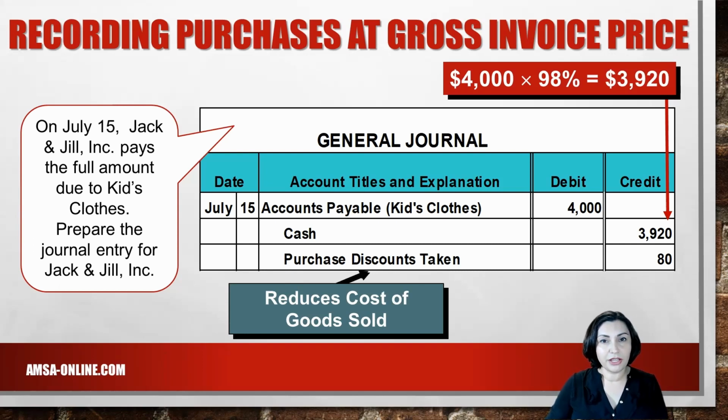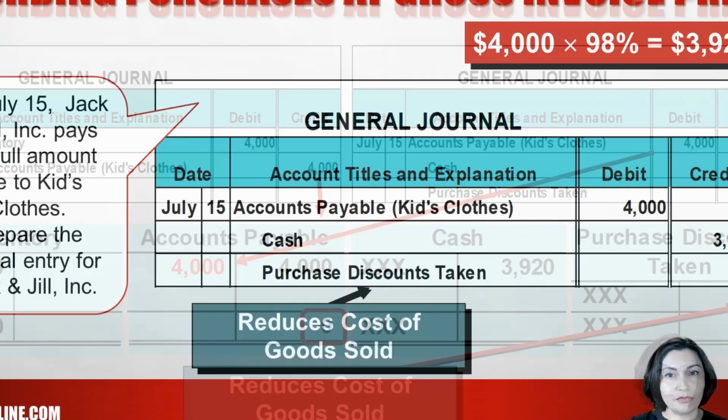The difference of $80 is a credit to purchase discounts taken, an account that reduces the cost of goods sold for the period. Remember that the accounts payable account needs to be debited for the same amount it was initially credited to close the account, as you don't owe for the purchase anymore.